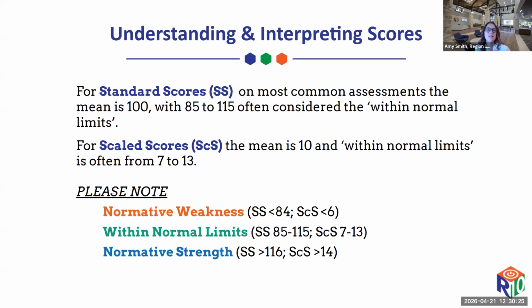With scaled scores, a 10 is your average or your mean score, and scores between 7 and 13 would be within normal limits. Finally, you may note that the charts and the scores show a range. If you see a range of scores, it's called a confidence interval, and that is because a standard score obtained on a test that we give your child should always be considered within a range and interpreted in light of all the other data.